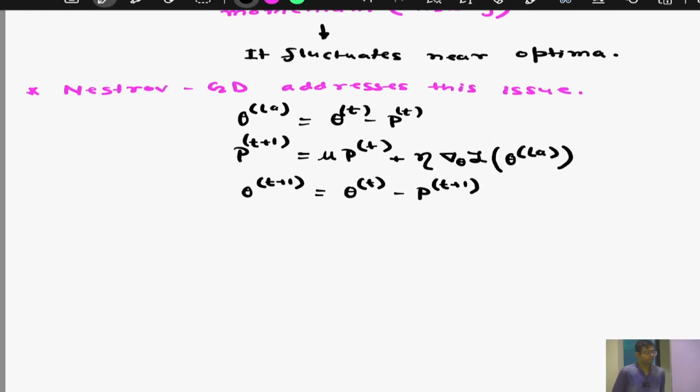So one additional step, additional computing obviously, but much more stability, at least near the optima. Clear how the two things are different? They are very similar, just one additional step is coming, otherwise these two are quite similar. In fact, one is motivated from the other. Nesterov is motivated from momentum and its limitation.